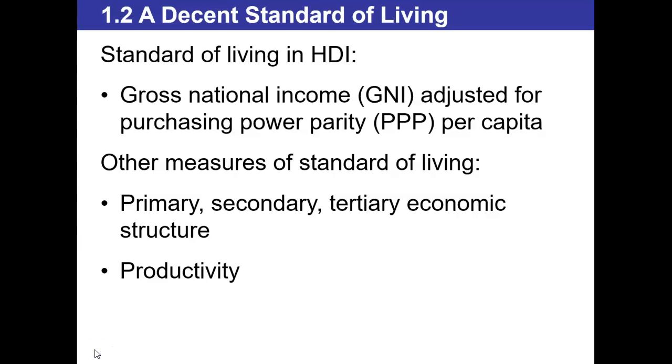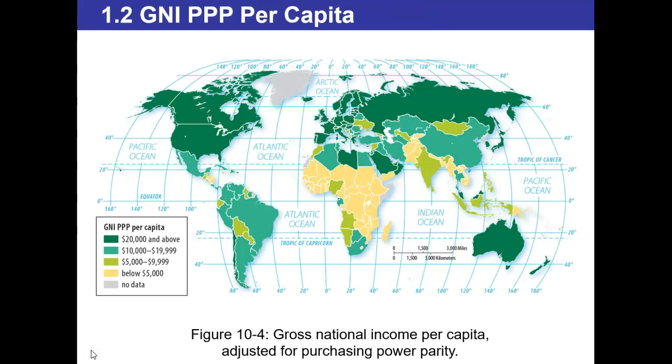This brings us to the concept of productivity. In the most developed countries, you will find that workers are more productive. When we mean more productive, it doesn't mean that they're working harder, longer hours, or doing more labor-intensive work. We're talking about the amount of money that is paid for their labor. Take a look at figure 10-4, looking at income.